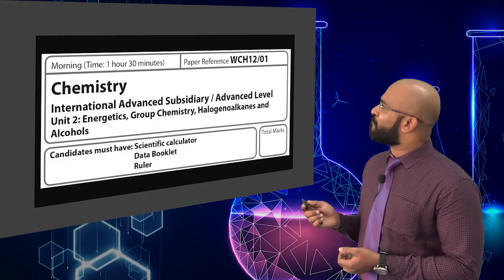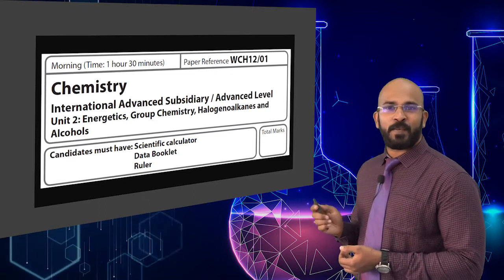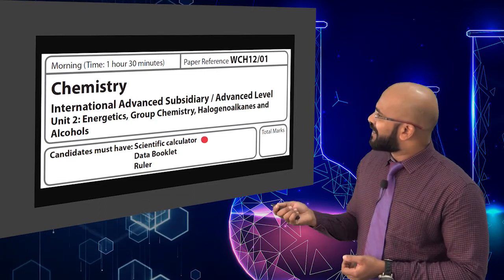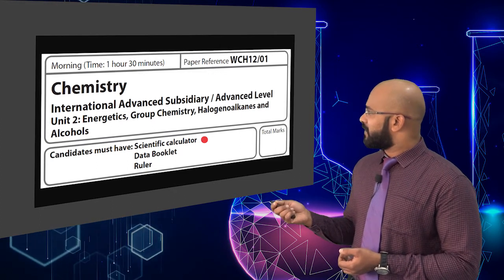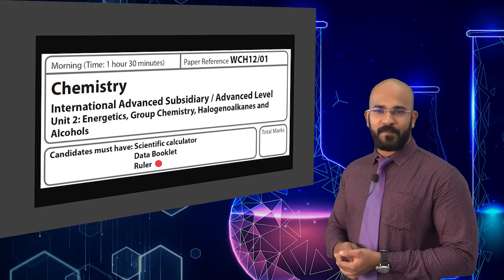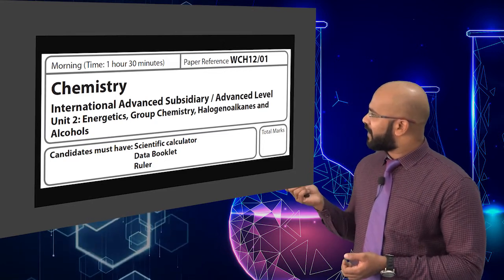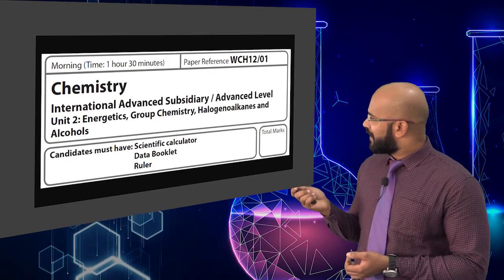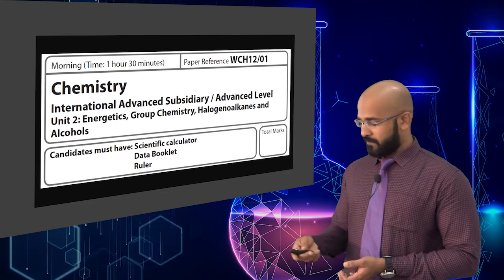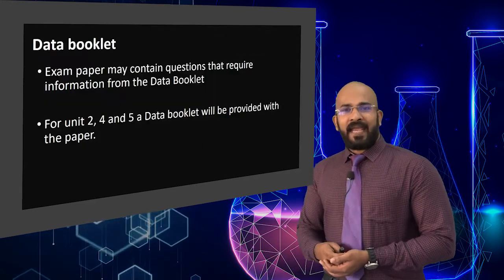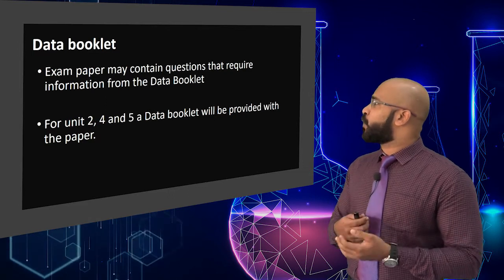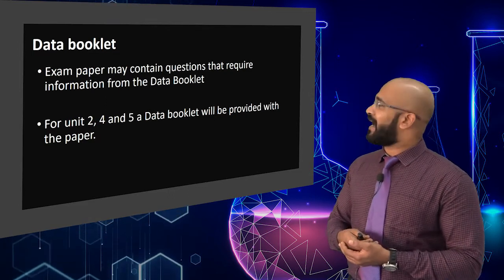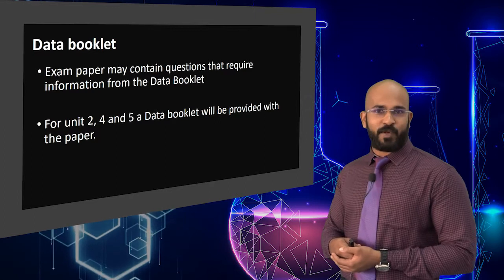This is how part of an exam paper looks like. You can see here, candidates must have a scientific calculator, data booklet and ruler. You know what a scientific calculator and ruler are. So, let us check what the data booklet is. In an exam paper, there may be some questions that require information from the data booklet.